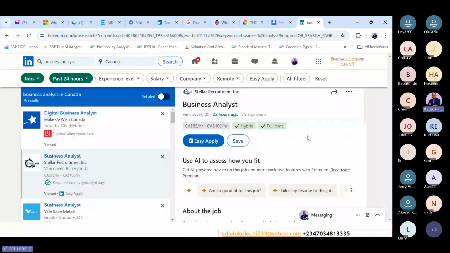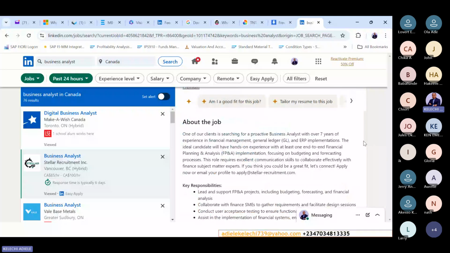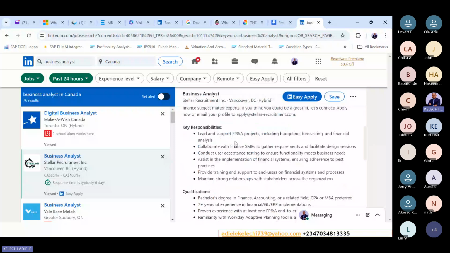You can see this job responsibility is quite straight to the point. Collaborate with finance SME to gather requirements, user acceptance test, implement financial systems, provide training and support, strong stakeholder relationship. It's always about the business and the process. So anybody in Canada who has some finance background, you can see finance is here.